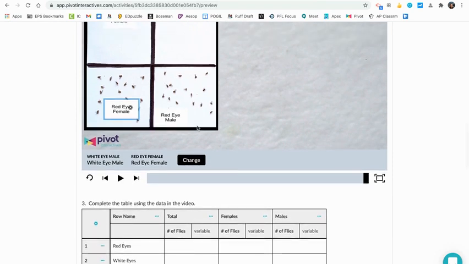Okay, so I'm just counting how many I've got here. 1, 2, 3, 4, 5, 6, 7, 8, 9, 10, 11, 12, 13, 14, 15, 16, 17, 18. Okay, I got 19 once and I got 20 once. How many are y'all getting in that red eye male on the right side?